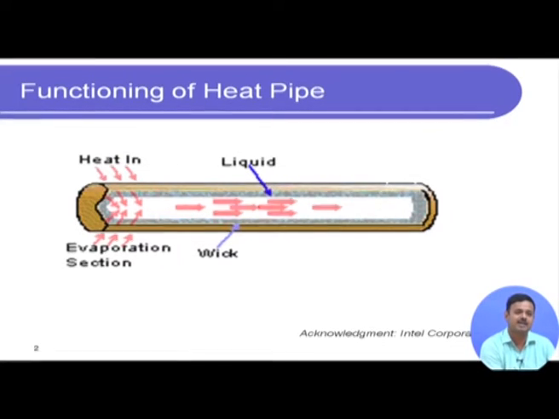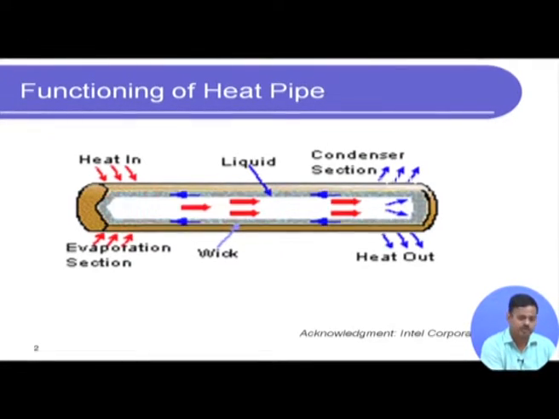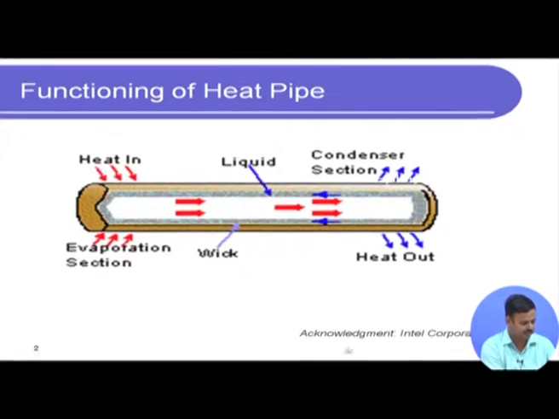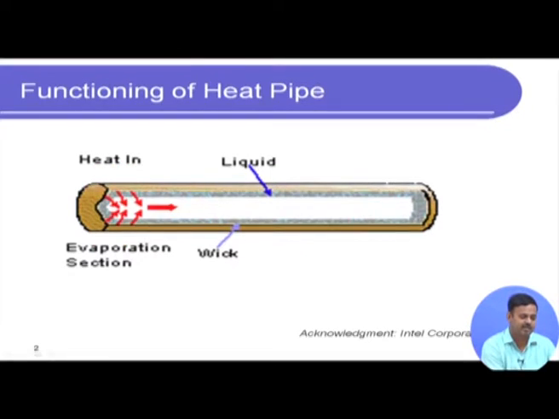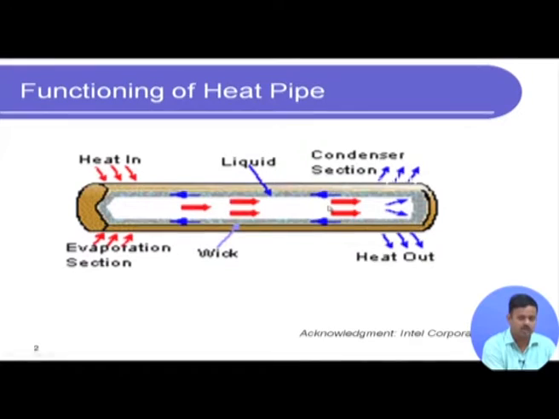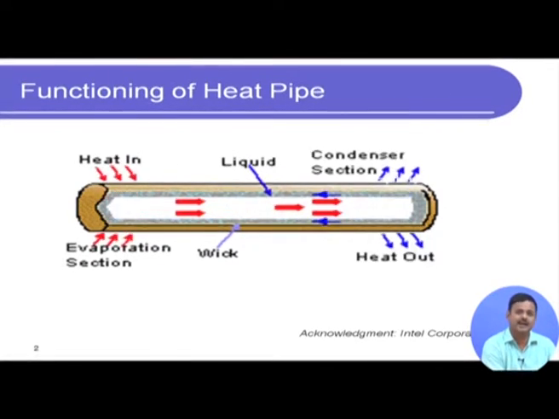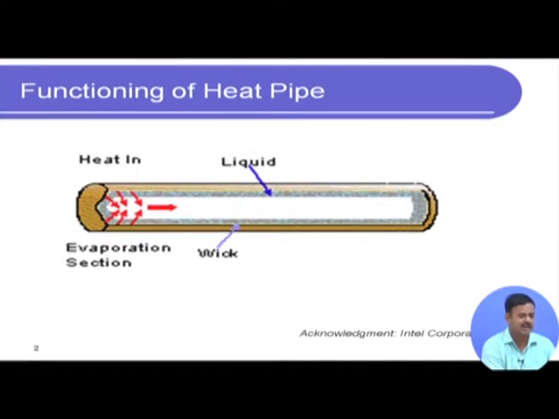Because the liquid is getting converted to vapor, that is, evaporating. Similarly, the other end where it is condensing back to liquid is known as the condenser section, and the section in between, where the vapor is flowing along the core and where we normally see very low temperature drop, is known as the adiabatic section. In many cases, the adiabatic section is also insulated around, so that we minimize heat loss from the outer walls of the heat pipe.